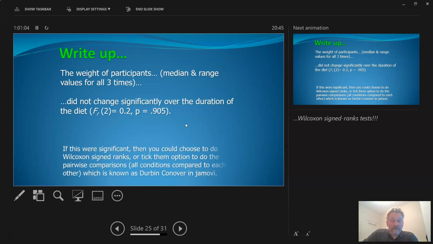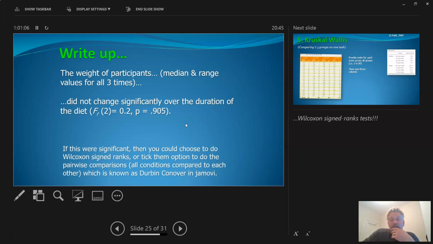If it happened to be significant, then you could do a selection of Wilcoxon signed ranks tests to examine differences, or, as an option for the Friedman's ANOVA, just tick the post hoc measure, and this will do a series of tests for us where it compares the three different conditions against each other, one versus one.